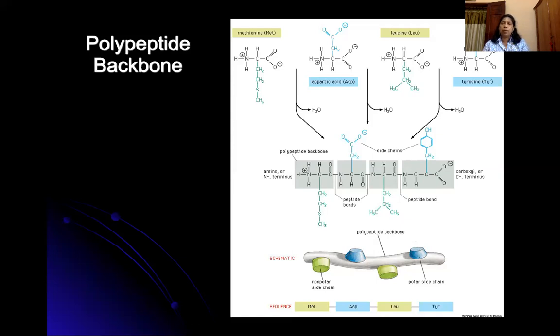Accordingly, the protein will be able to connect with polar or non-polar complexes, or link with polar molecules as well as non-polar molecules. That is why protein can combine with water as well as link with lipids, because due to its polar and non-polar side chains, the protein can show different behaviors.